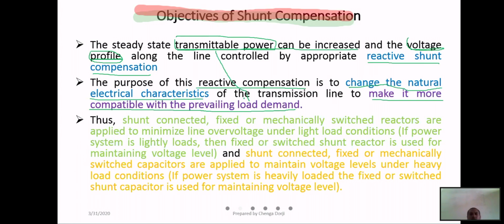Depending on the demand, you can either increase or decrease.